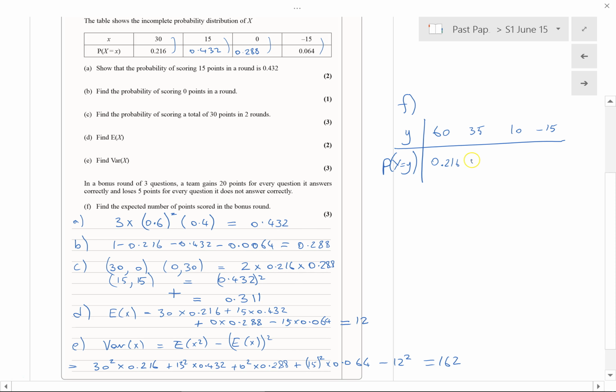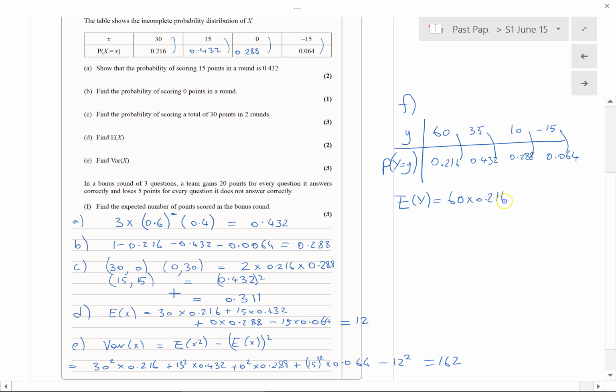0.216. Probabilities will be the same, 0.432, 0.288 and 0.064. So then if we want to work out the expectation of Y, that's equal to that times that, plus that times that, plus that times that, plus that times that. Right, let's make sure we write it out.